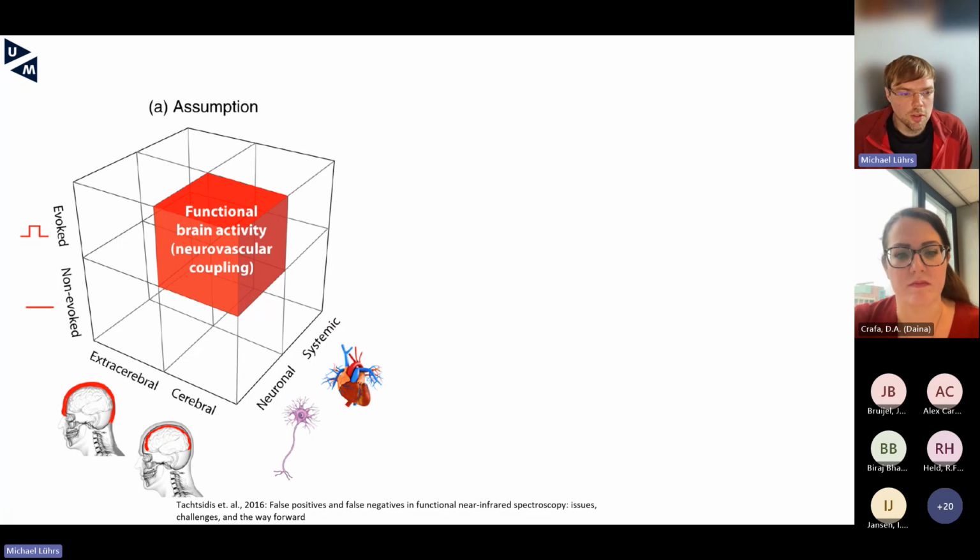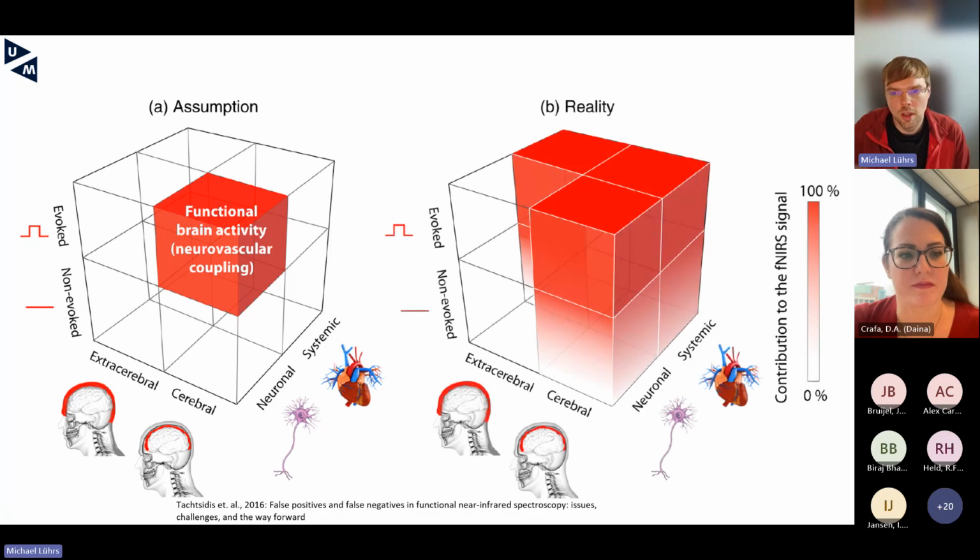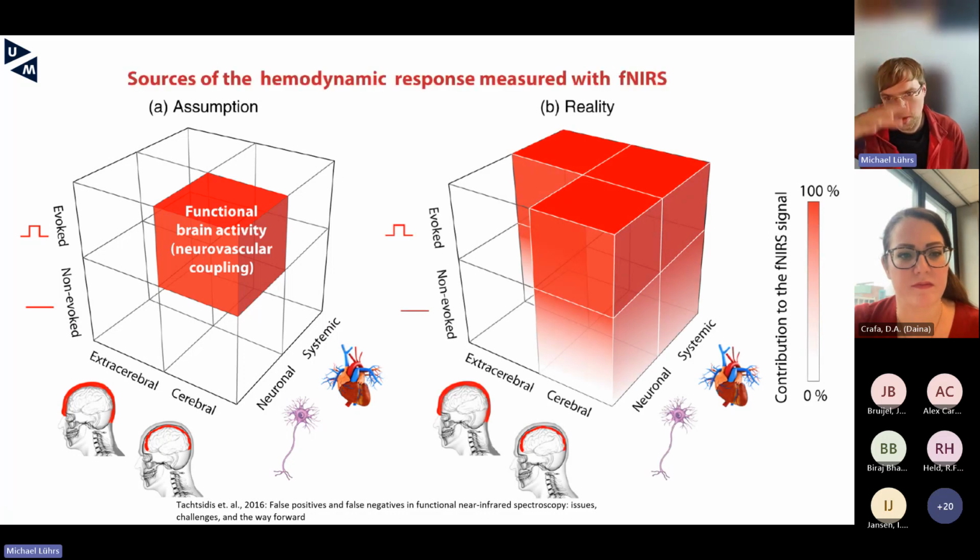Then I think you know this very famous slide telling you more about where the fNIRS signal is coming from and what it basically includes. So the assumption and reality, as you can see, is very different.